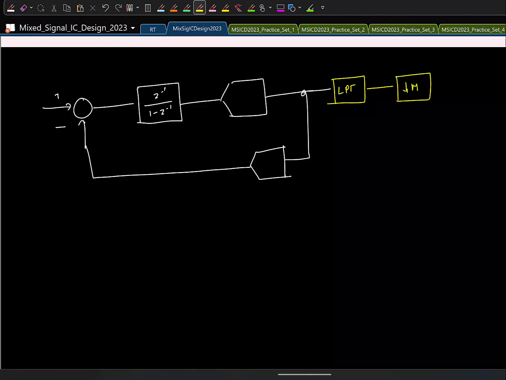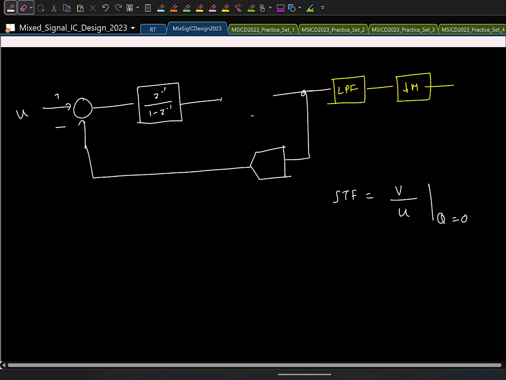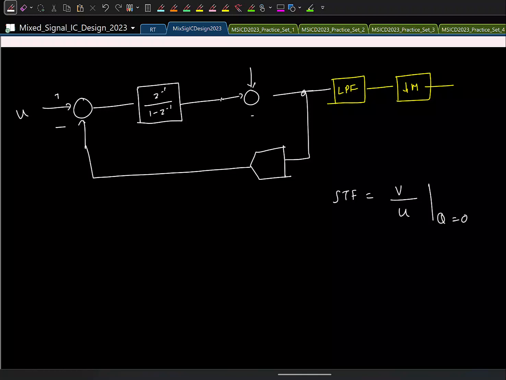Okay. And here, if I see the signal transfer function, remember the signal transfer function is basically the output by the input when my quantization noise is 0, right? You can basically model it like this. Similarly, my noise transfer function, what is the noise transfer function?